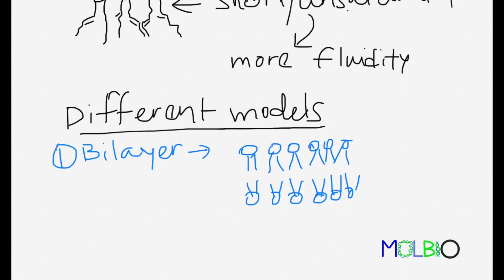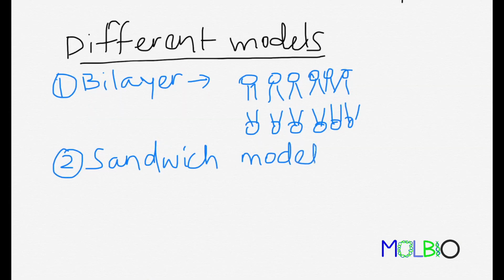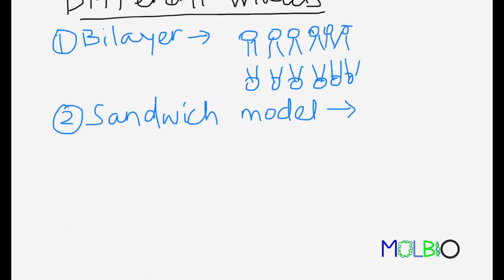However, this model fails to explain the presence of different proteins in the plasma membrane. So then came the sandwich model. The sandwich model suggests that the lipid molecules are sandwiched between a layer of proteins.